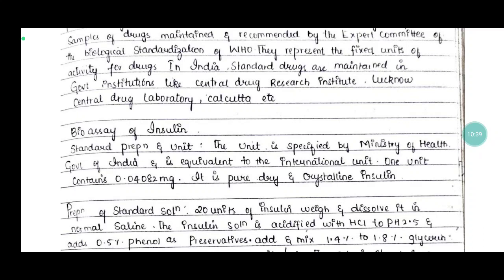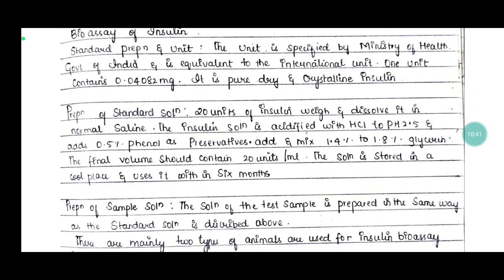For the preparation of the standard solution, 20 units of insulin are weighed and dissolved in normal saline, and the insulin solution is acidified with HCl. The pH will be 2.5, and 0.5% phenol is added as a preservative.